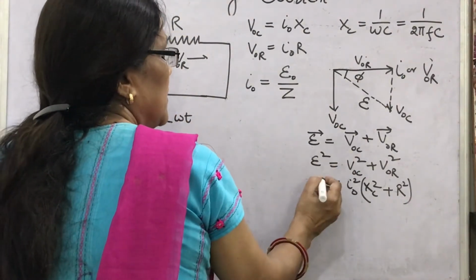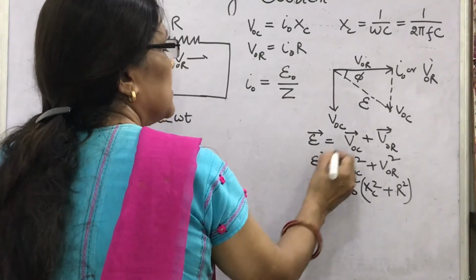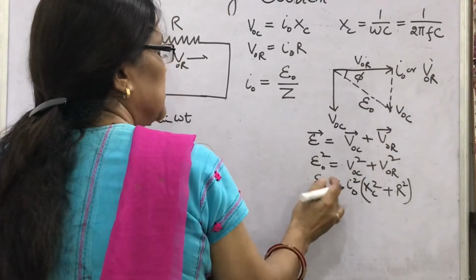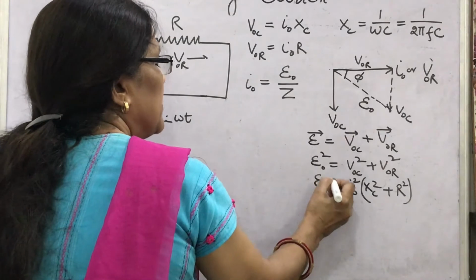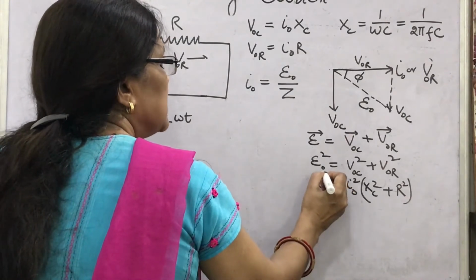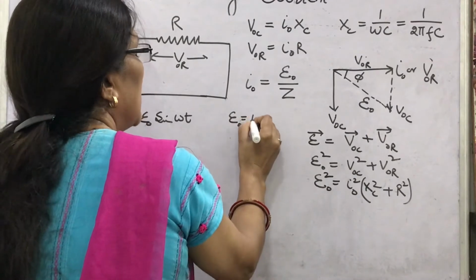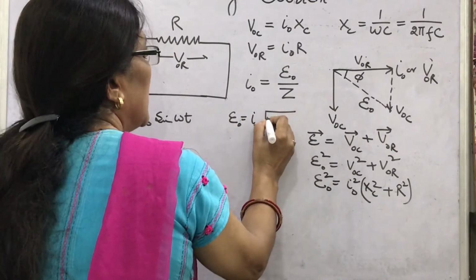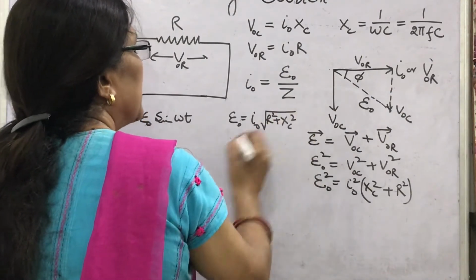This resultant voltage can be written as E naught; we have taken naught on every side, so we have written E naught. E naught is I naught times the square root of R square plus XC square.